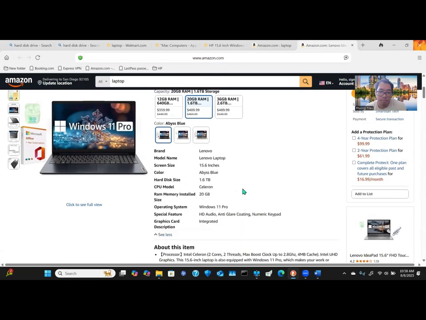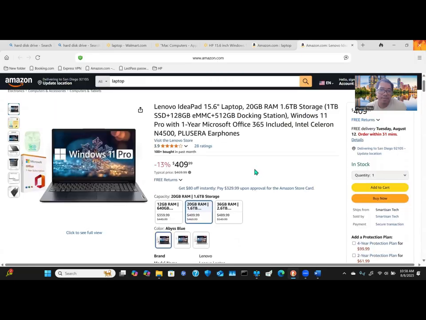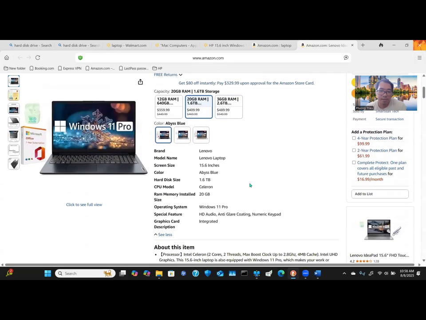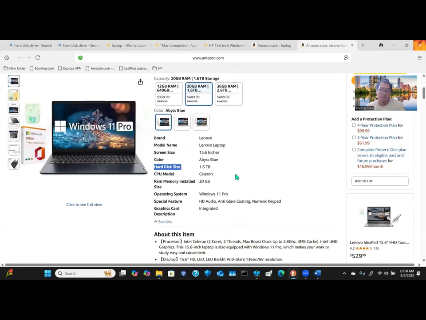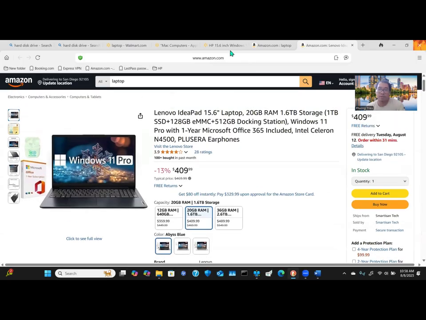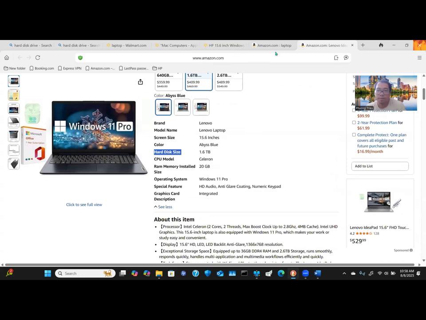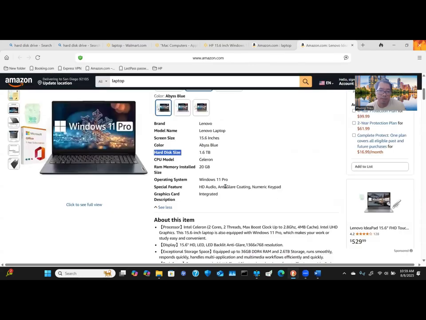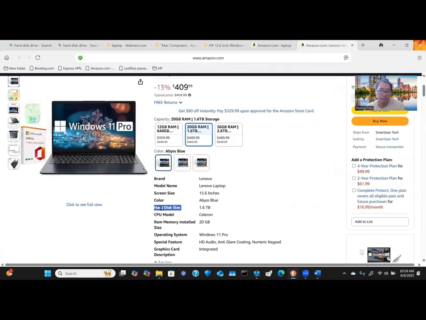For Amazon, this kind of laptop provides information about hard disk drives, and the size is 1.6 terabytes. So the more terabytes or gigabytes a laptop has, the more data it can store. So please consider the hard disk size when you plan to buy any laptop or desktop computer.